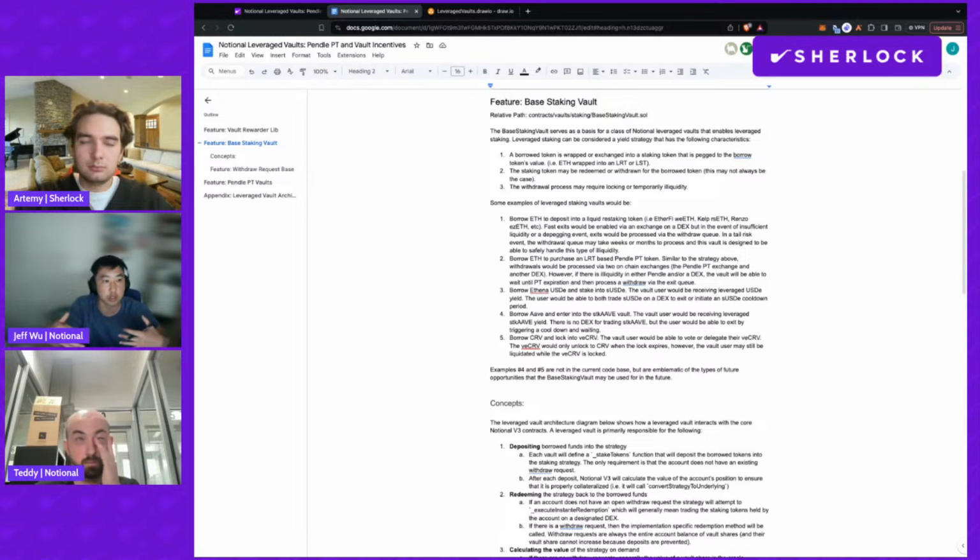But in the future, it's also possible that we look at things like staked Aave, or participating in VE economics, where the VE token is pegged to the underlying, the borrowed asset. So we're trying to design this strategy to be extensible into the future and relatively flexible for us.